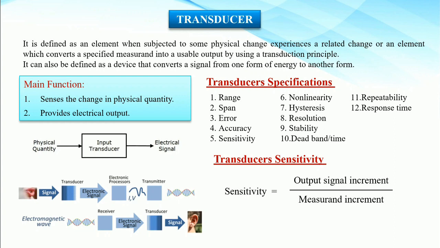Then sensitivity. Sensitivity of a sensor is defined as the ratio of change in output value of a sensor to the per unit change in input value that causes the output change. For example, a general purpose thermocouple may have a sensitivity of 41 microvolt per degree centigrade.